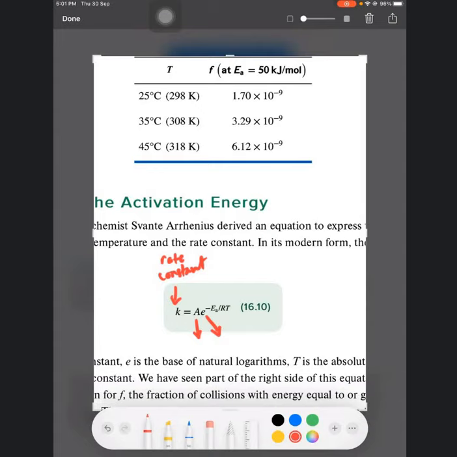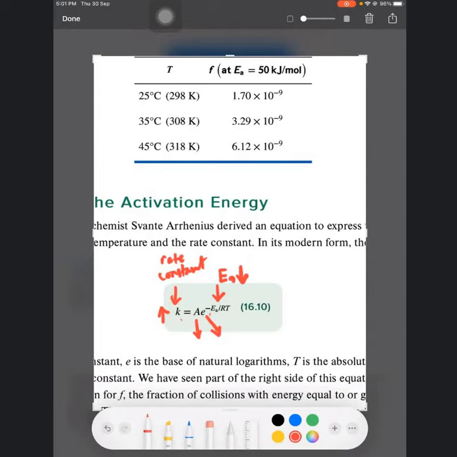Kena hafal tu kenapa? Sebab kita nak tengok relationship antara activation energy with the K dan juga relationship temperature with the K. So dalam case ni mathematically, kalau kita punya nilai EA ni rendah, the EA is low, then mathematically our value of K is actually increases.